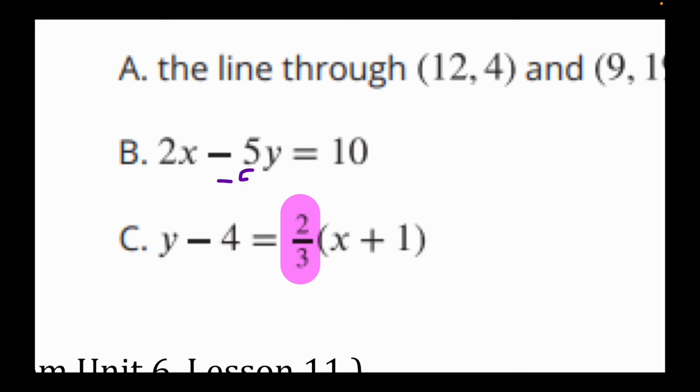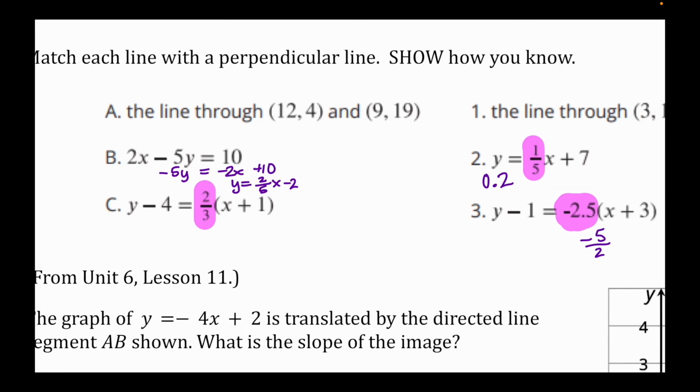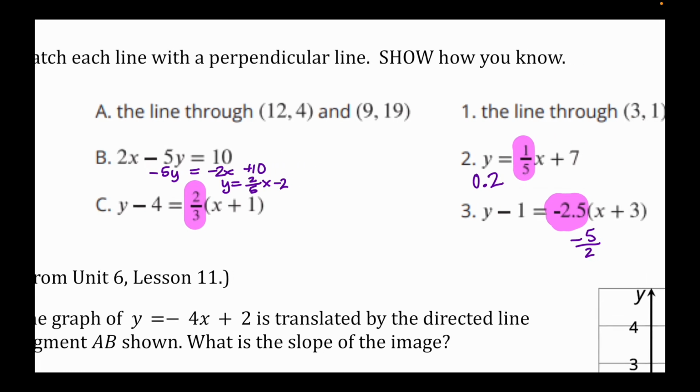So we would have negative 5y equals negative 2x plus 10. Divide everything by negative 5, and this would become y equals 2 over 5x minus 2.